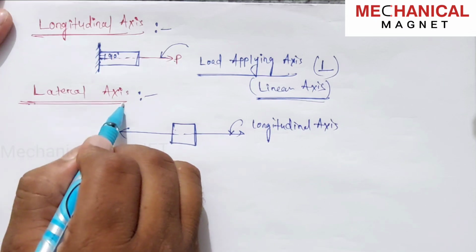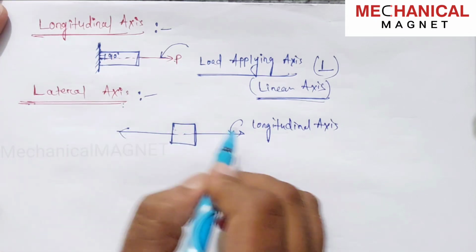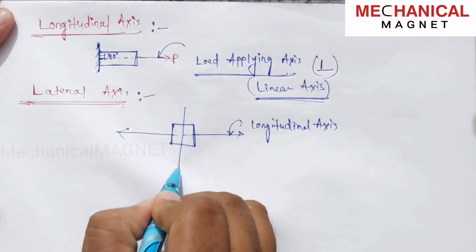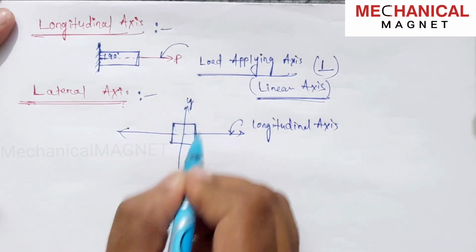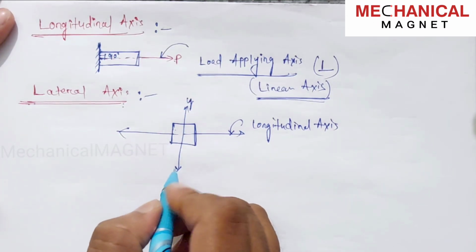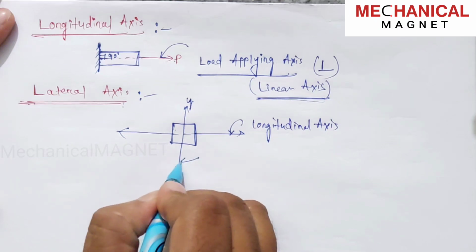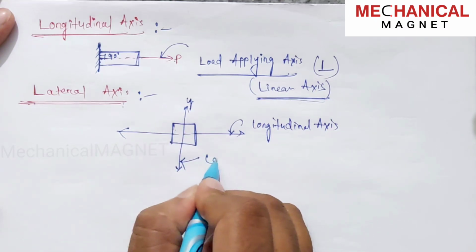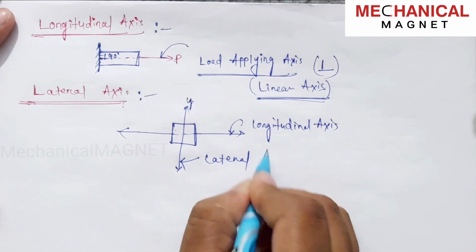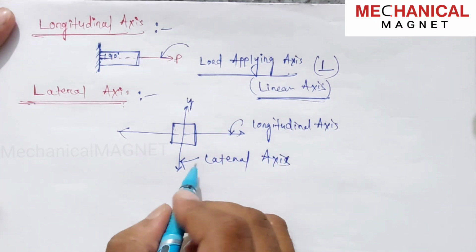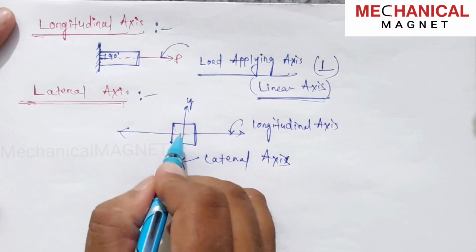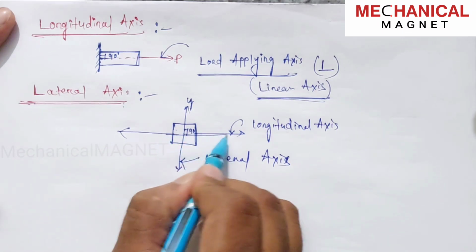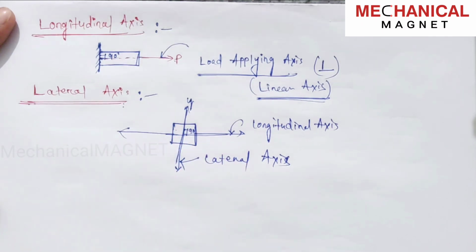This lateral axis is perpendicular to the longitudinal axis. Here another axis, the y direction axis, is there. So the force applied in the y direction is known as the lateral axis. This is just perpendicular to the longitudinal axis, meaning this will create 90 degrees here. This is the longitudinal axis and this is the lateral axis.